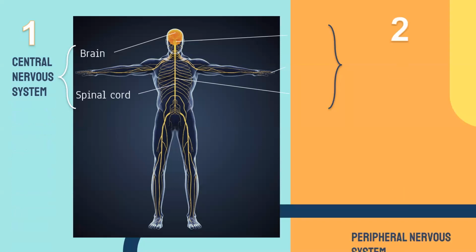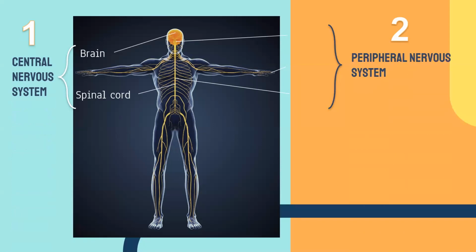The second one is known as the peripheral nervous system, and under the peripheral nervous system we have the cranial nerve, which is located below the brain, the sensory receptor, which is located at the sensory organ, for example at our skin, and the last one, the spinal nerve, which is located in our backbone.